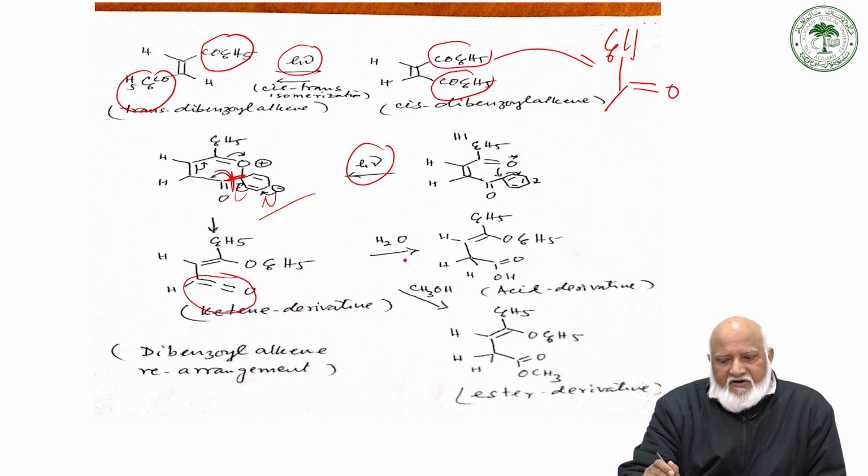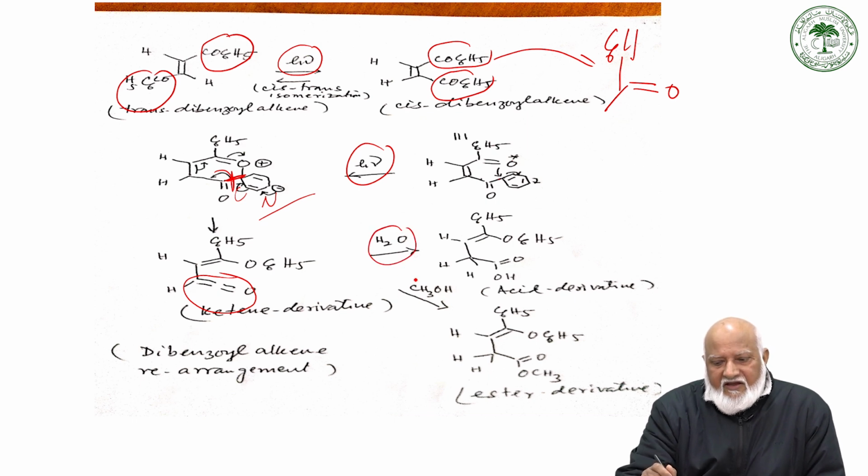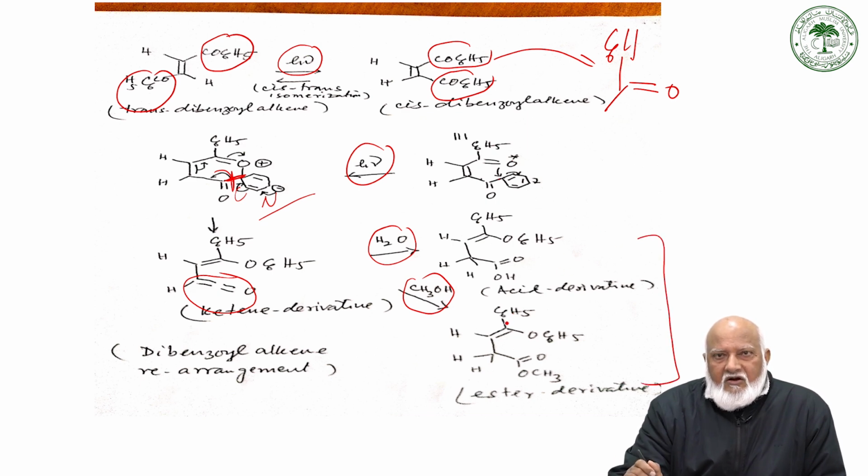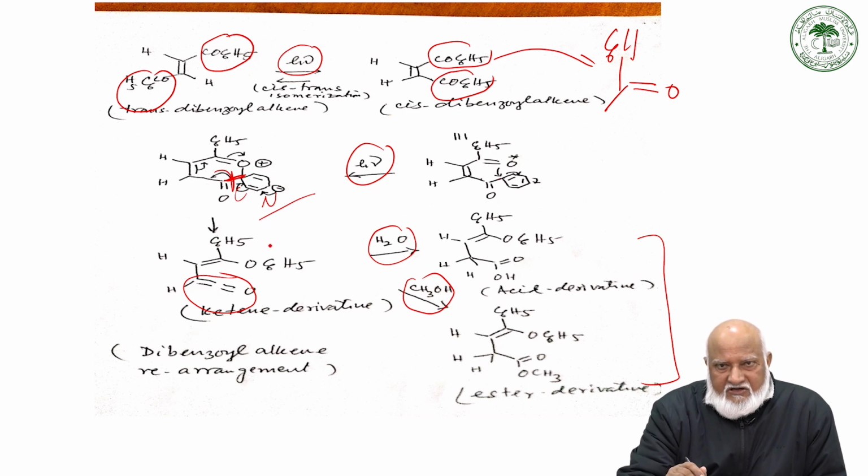It can give different products, like a carboxylic acid in the presence of water, or an ester in the presence of methanol. So these rearranged products are known to be formed when we have a dibenzoyl alkene in the cis orientation. What we can essentially see here is phenyl group migration.